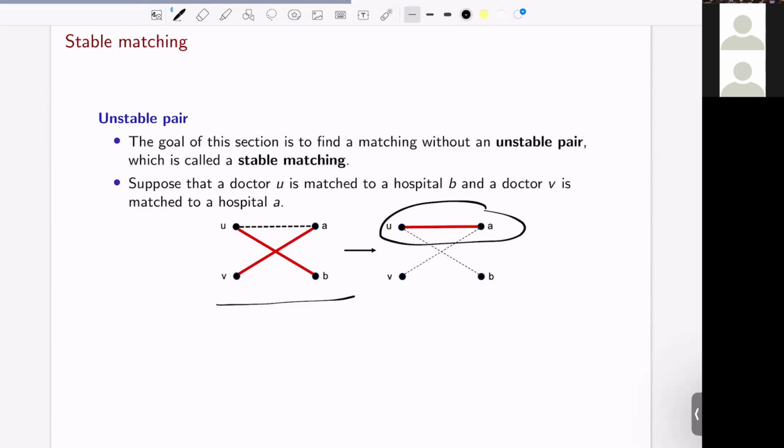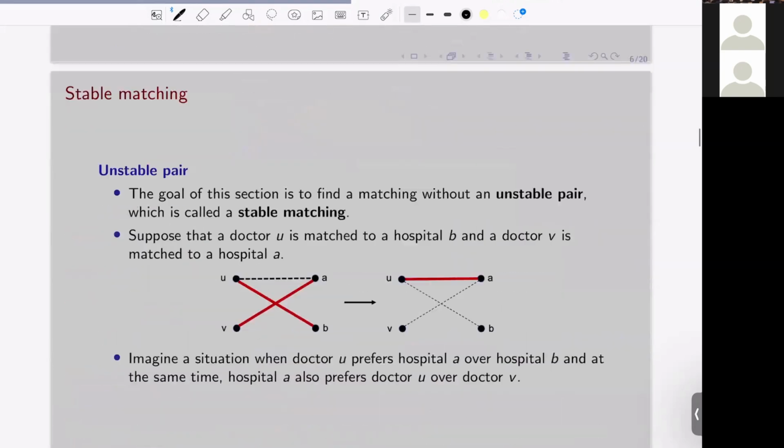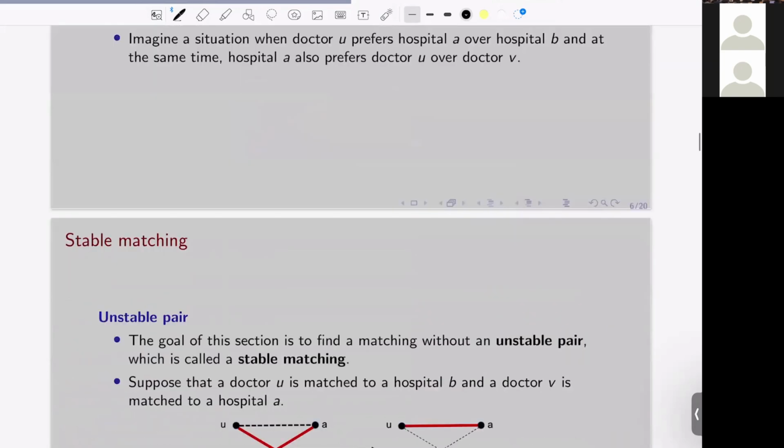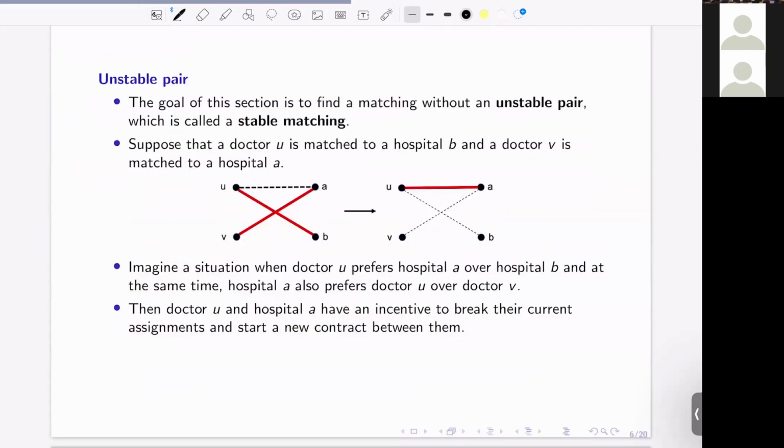This is an unstable pair, so the goal is to find a matching that avoids this kind of unstable pair.